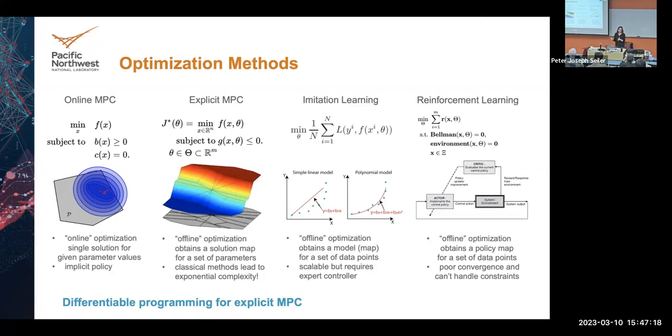So this control policy is trained offline from solutions that have been generated using actual optimization. And this is what we call imitation learning. So basically the neural network is approximating the data set that has been generated.